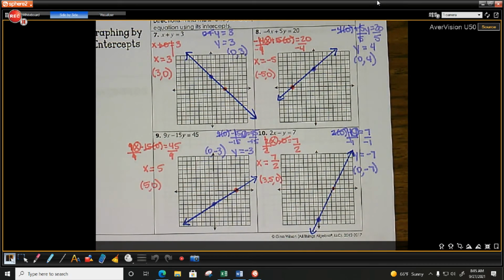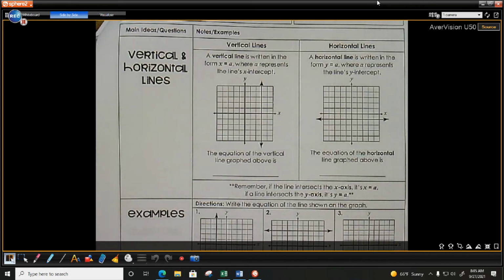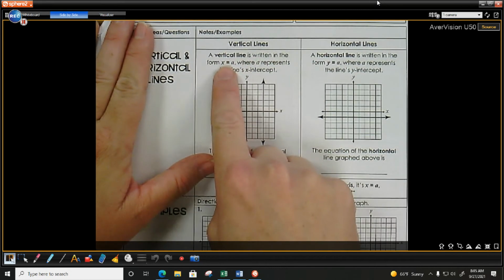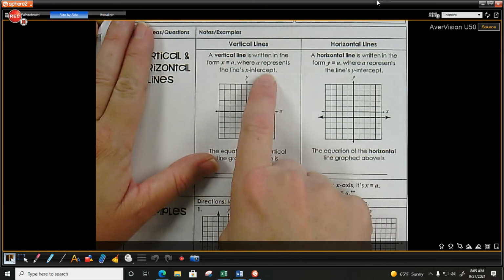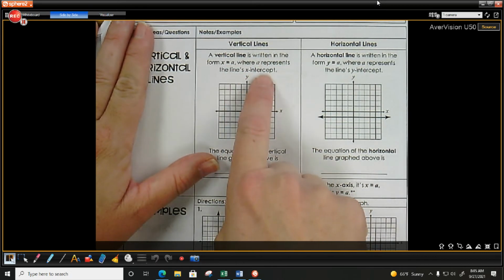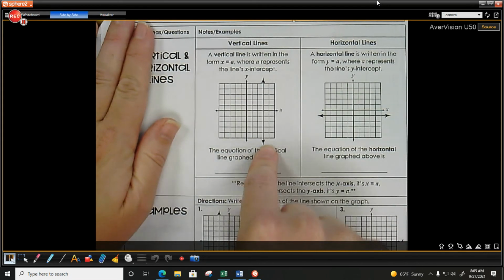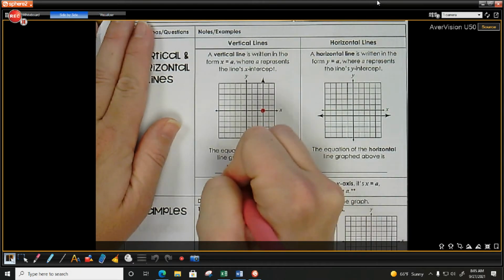Okay, now we are going to go on to our two special lines, our horizontal lines and vertical lines. All vertical lines are written in the form x equals a, or x equals a number. Your a is where it hits the x-axis. So this is a vertical line. Where does it hit the x-axis? It's x equals 3.